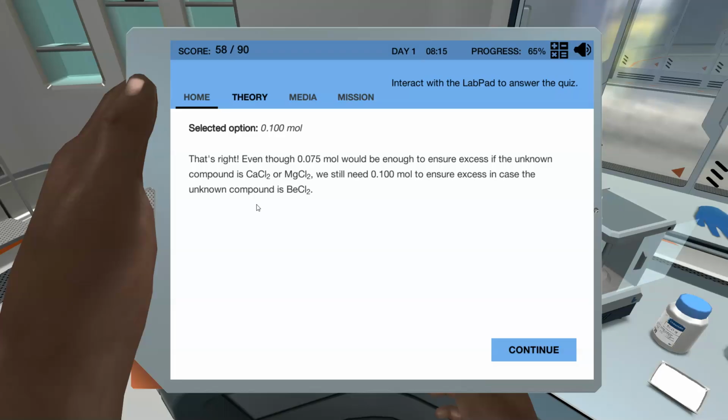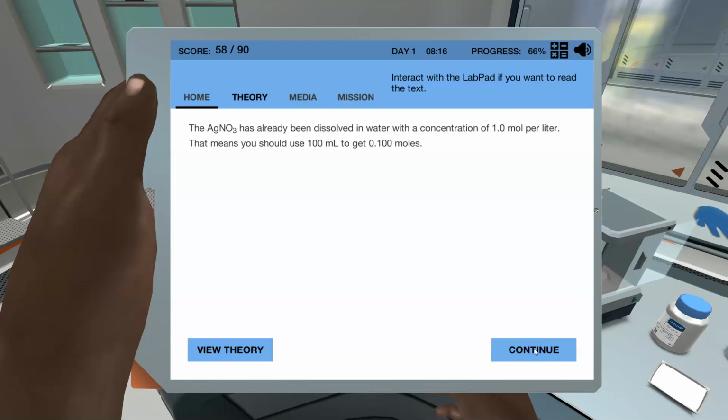We still need 0.100 moles to ensure excess in case the unknown compound is beryllium chloride. The silver nitrate has already been dissolved in water with a concentration of 1.0 mol per liter. That means you should use 100 milliliters to get 0.100 moles.